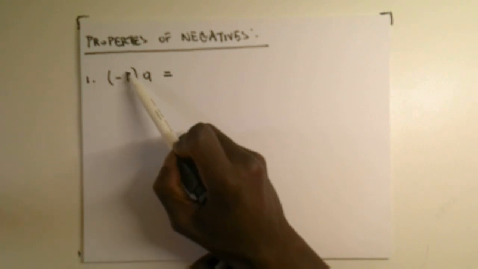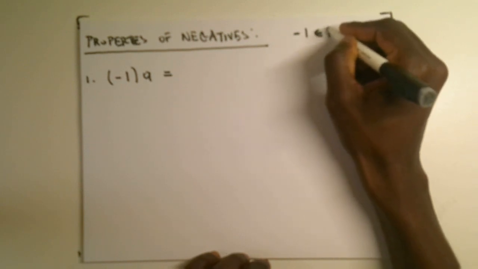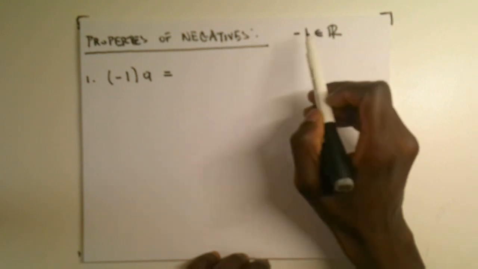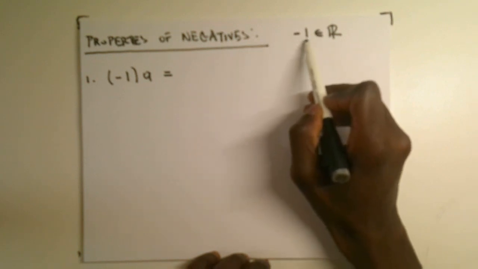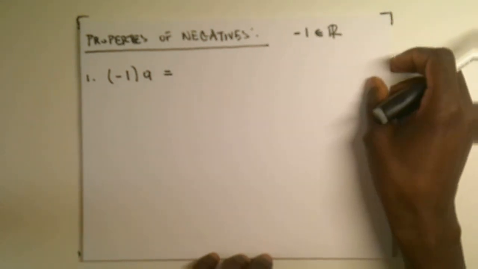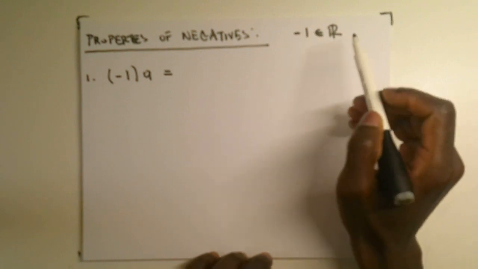So let's say I have -1. So -1 is my element that exists inside of R. -1 is a multiplicative inverse, so that's the real context of what -1 is behaving with.